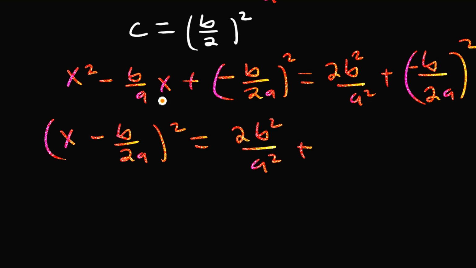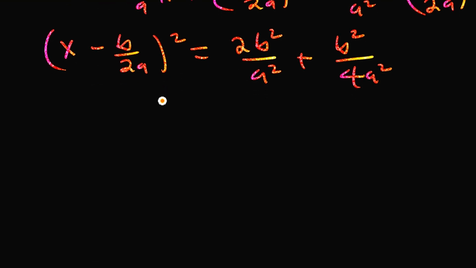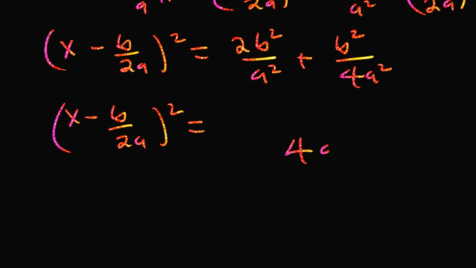So minus b over 2a squared will be b squared over 4a squared. So we continue simplifying on the right hand side. So we have x minus b over 2a squared. Then we can combine these two fractions using their LCM, which is just 4a squared.